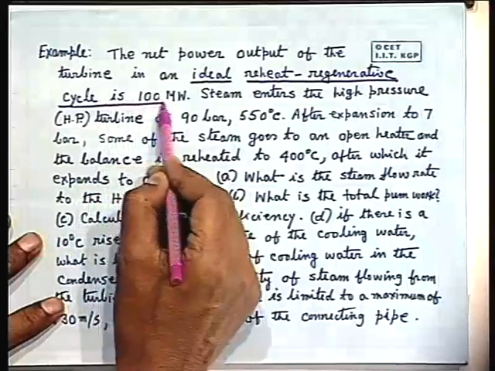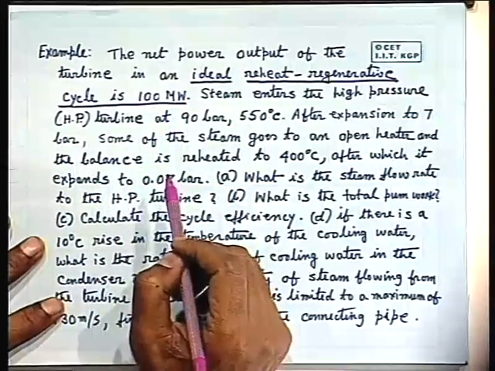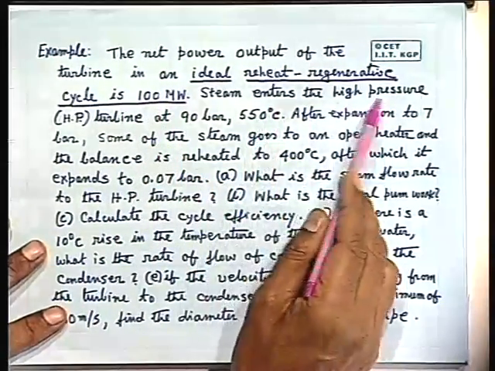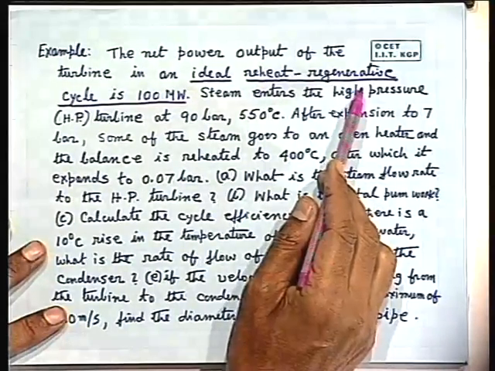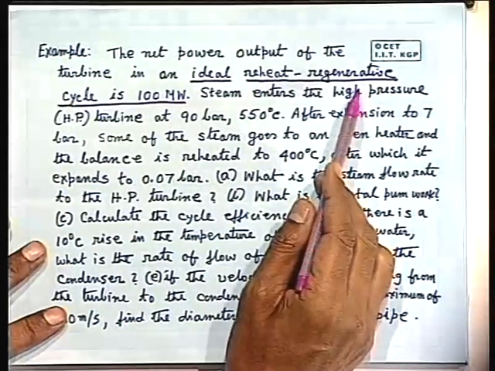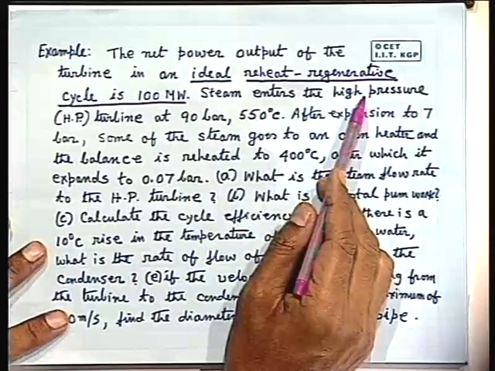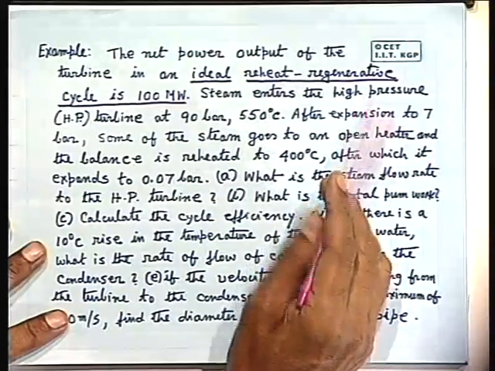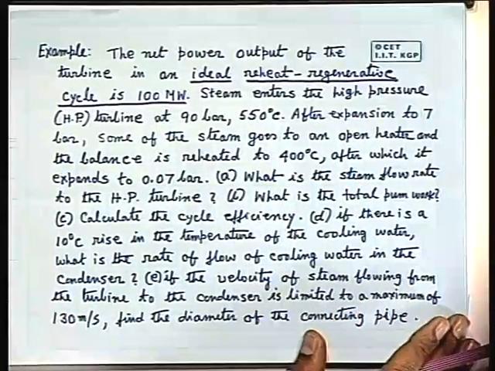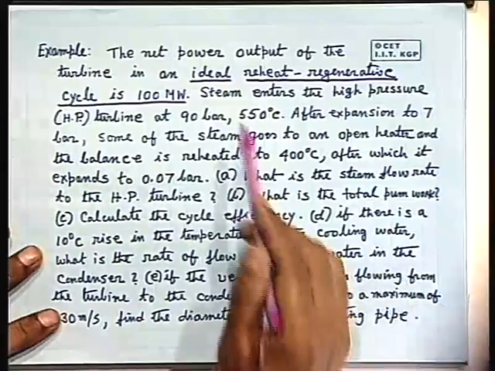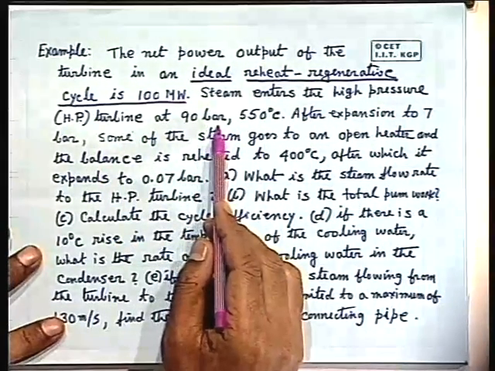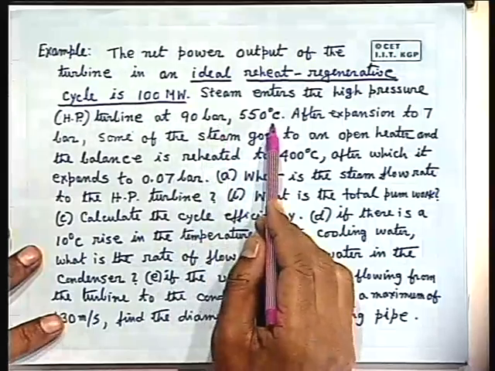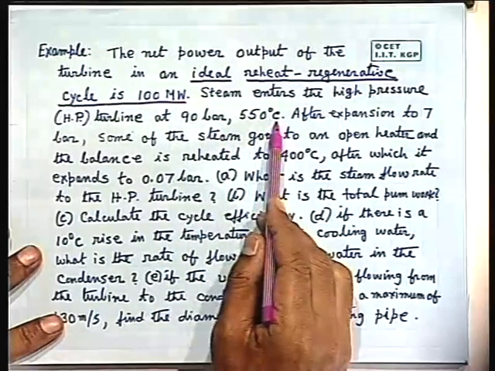The cycle is 100 megawatt net power output. There is reheat and regeneration. So you see, this is not only regenerative, this is reheat and also regenerative. The steam enters the high pressure turbine at 90 bar, 550 degrees Celsius.